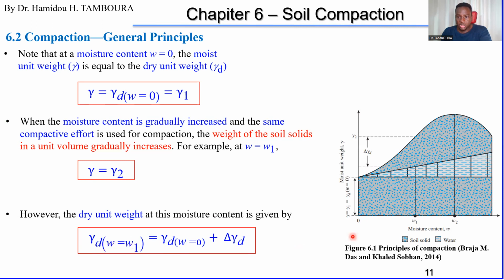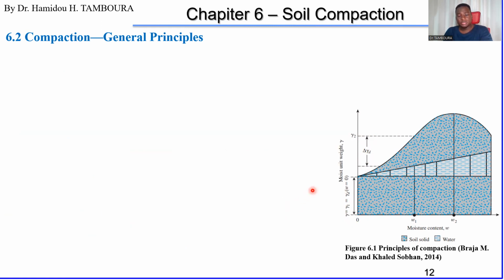Dry unit weight at this point is given by this formula: Δγd, this portion, plus this one, γd when the water content was 0. That's the meaning.